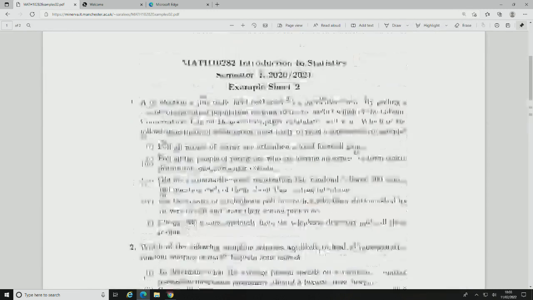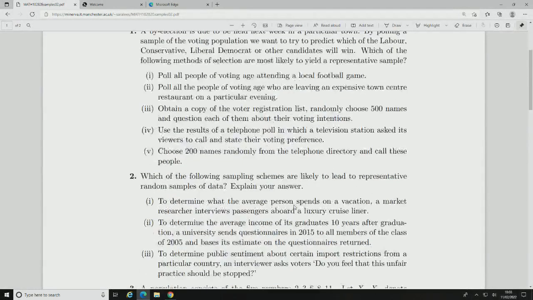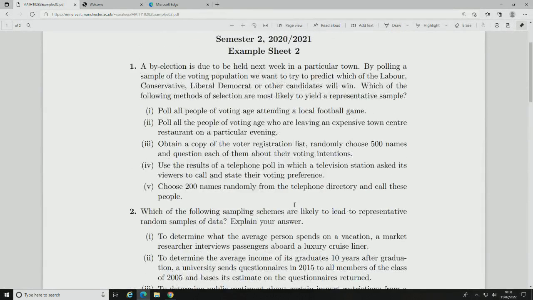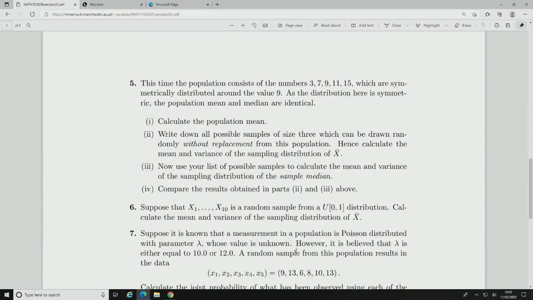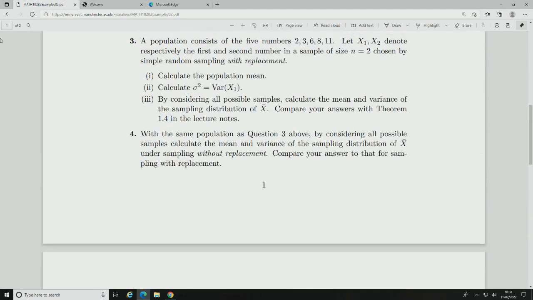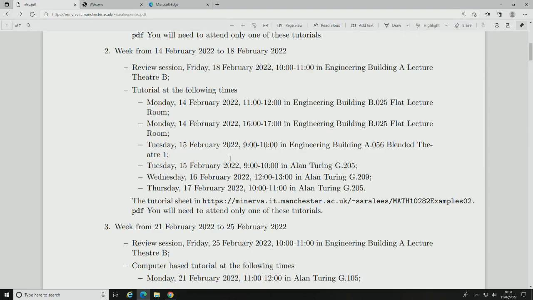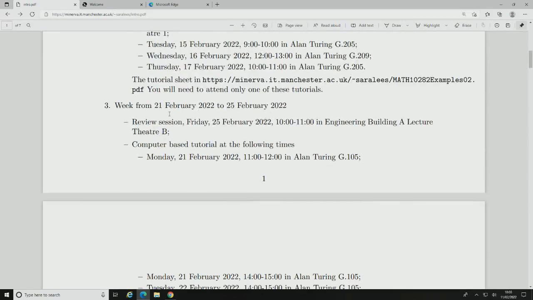So please, before you come to the tutorials next week, try to attempt these questions, and then I'll try to go through the difficult ones. And this is the week after next week, and so on.